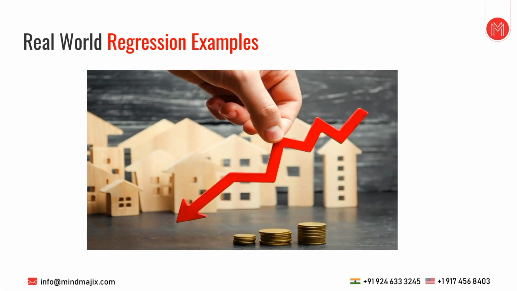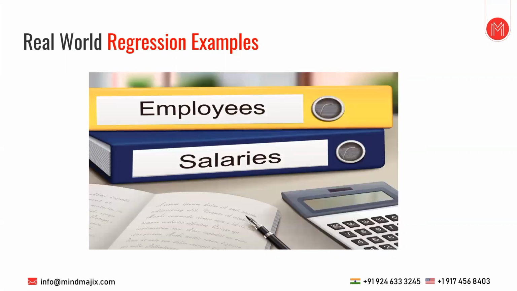But whenever we talk about housing price prediction, nowadays many applications are available, like housing.com and broker.com, if you want to find out the correct price of a house according to its locality and the facilities available. So nowadays lots of websites are available for this kind of prediction, and that is how we get an idea of housing price prediction.